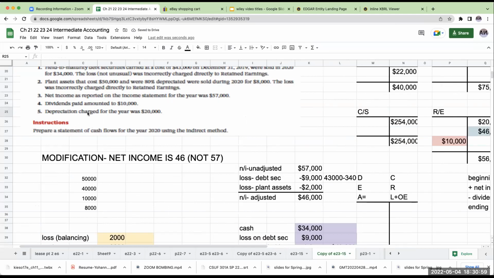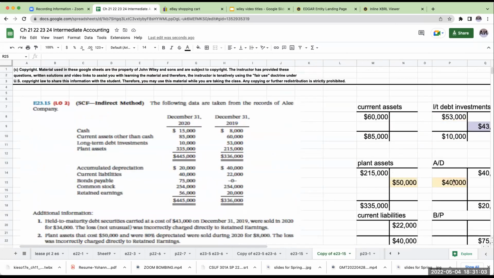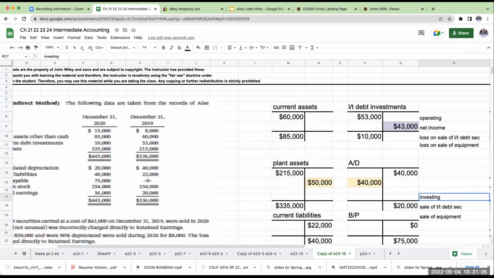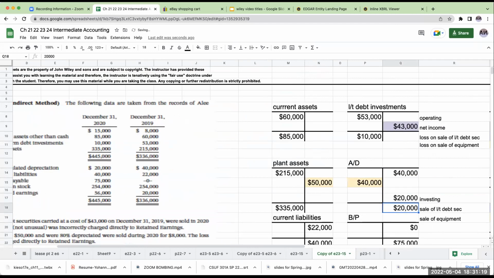Right over here, depreciation charge for the year was 20,000. Now, I would never be that nice. Okay. What you can do though, is look at accumulated depreciation and let's see why this is correct. What do I need to do to balance this account? Well, I've got 40 of credits, 40 of debits to balance. I'm going to need another 20,000.